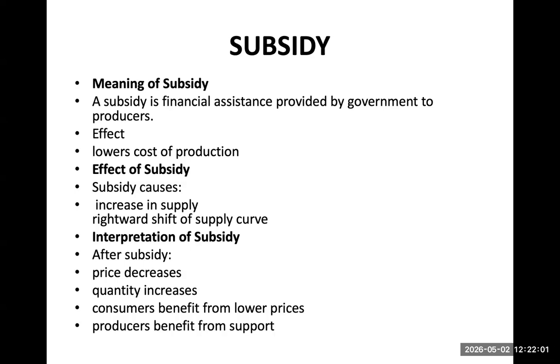After any subsidy, the price of a product reduces, which in effect causes quantity to increase. The consumers benefit from the lower prices, while the producers also benefit from the support from the government. So a subsidy reduces prices, increases quantity, the consumers benefit from the lower prices, and the producers also benefit from the support.